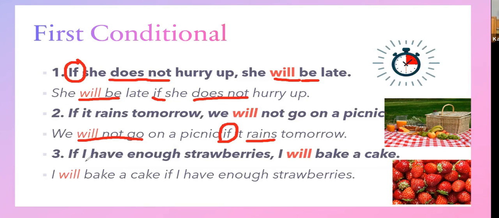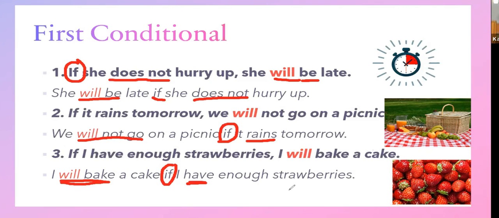And then number 3, if I have enough strawberries, I will bake a cake. Or I will bake a cake if I have enough strawberries. So we have will bake, our future possibility. We have if, and we have our verb in present simple.